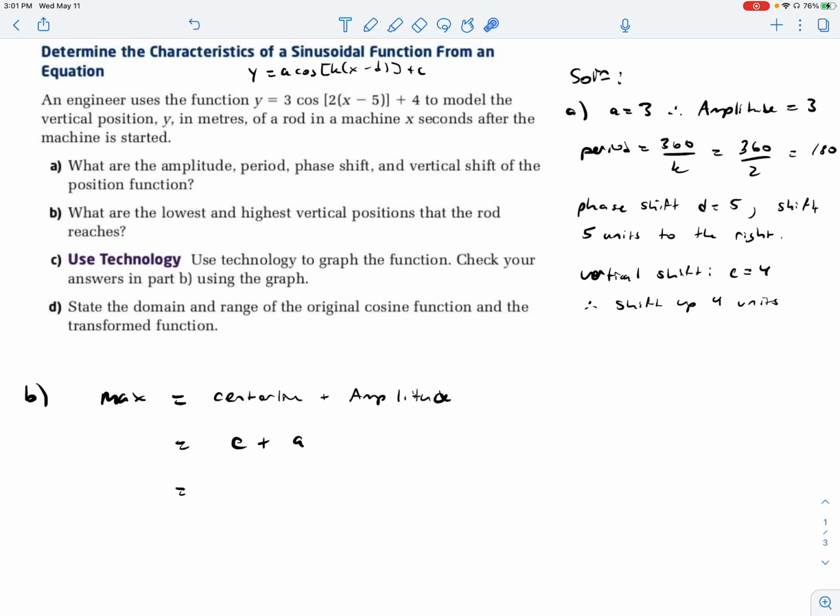My center line is at 4, and the amplitude is 3. So my maximum value is going to be 7. The minimum value is the center line minus the amplitude. So that'll be c minus a, 4 minus 3, that'll be 1.